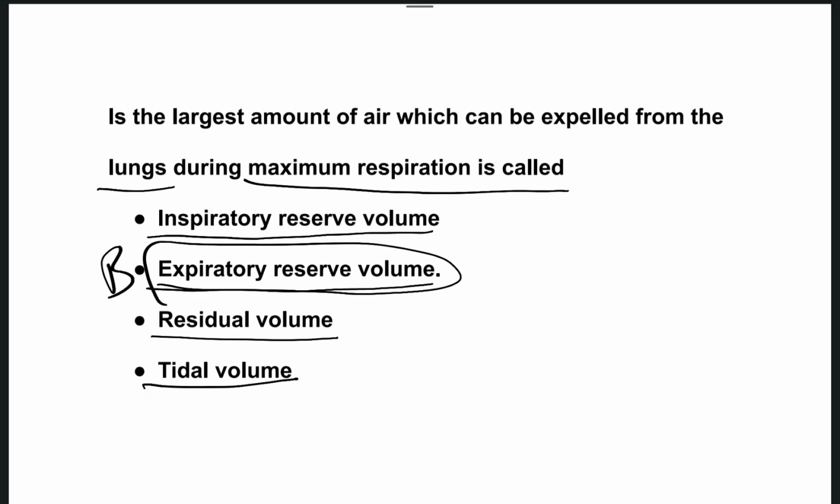The air still present in the lungs after expiration is known as residual volume. And the tidal volume is the volume of a single breath. How much air enters the lungs in a single breath is known as tidal volume.